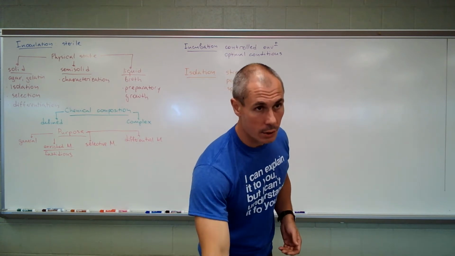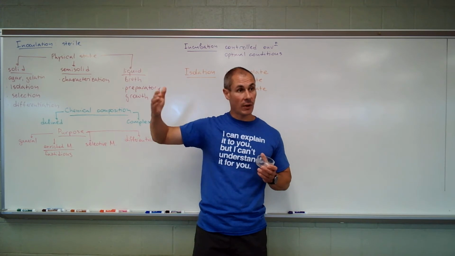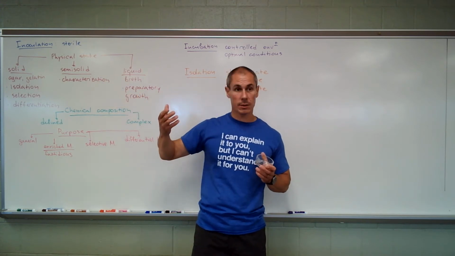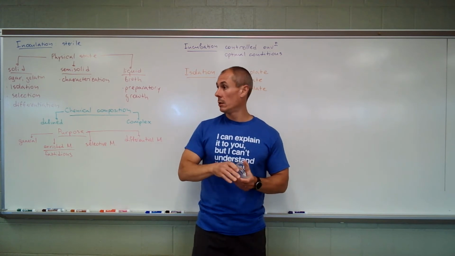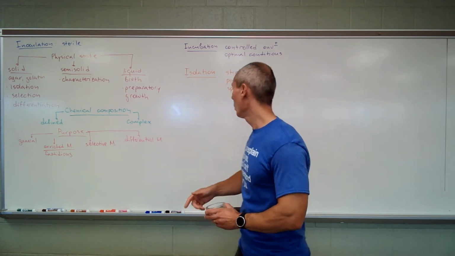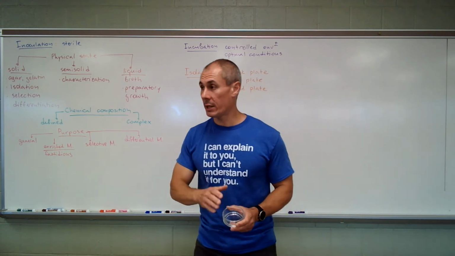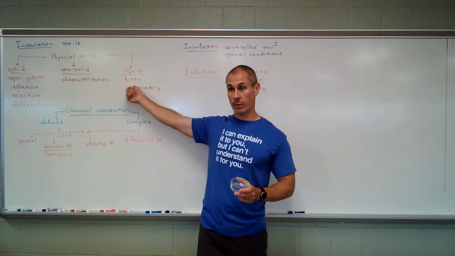And you pour each dilution into the plate. The farther you dilute, the fewer cells you have. The more spread there will be in each plate, the better isolation you're going to get. Make sense?